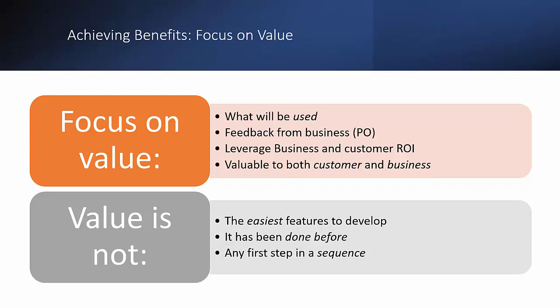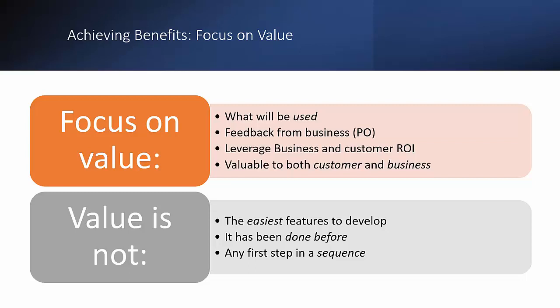The first one is, as I've mentioned already, the ability to focus on value. So focus on the value of what is actually going to be used, on getting feedback from the business and from the customer through the product owner, of leveraging the return on investment, both of the business and of the customer, and of creating value both for the customer and obviously for our own business.